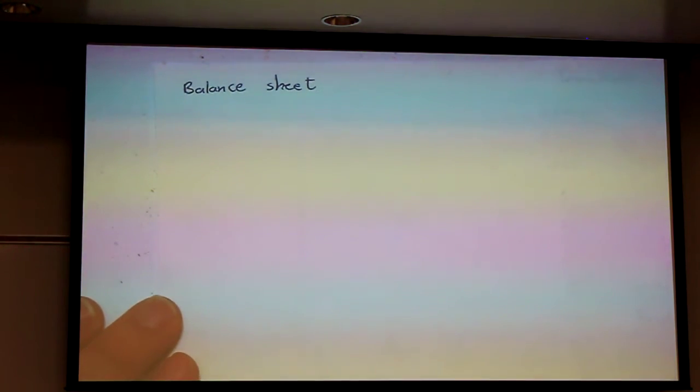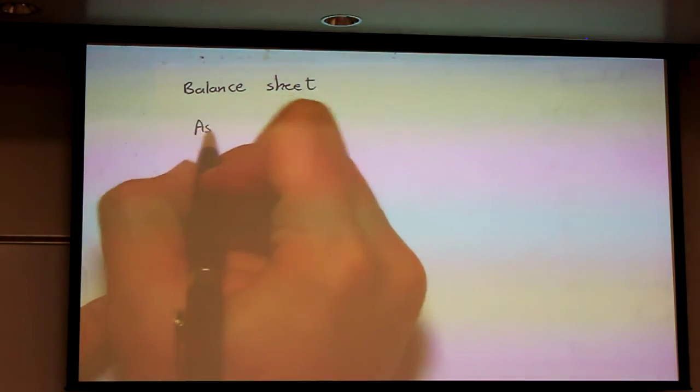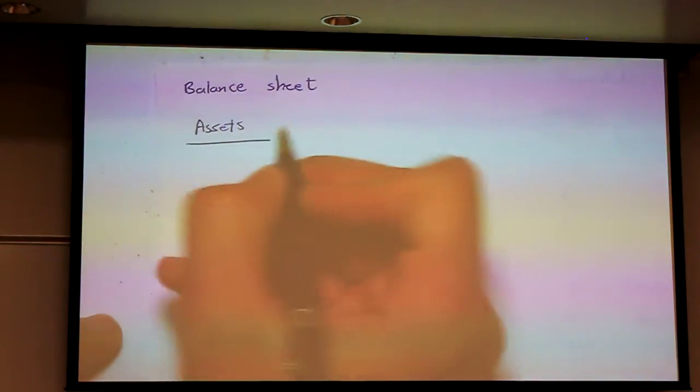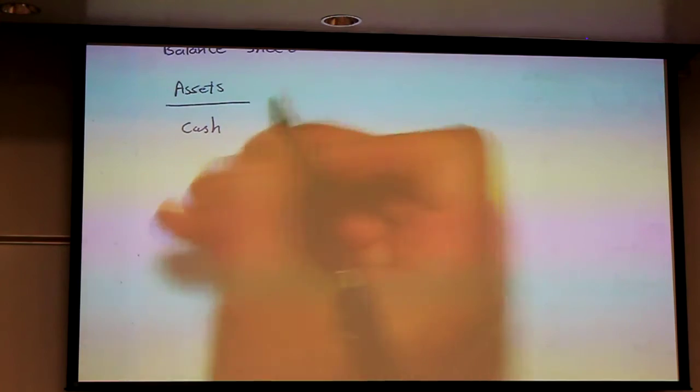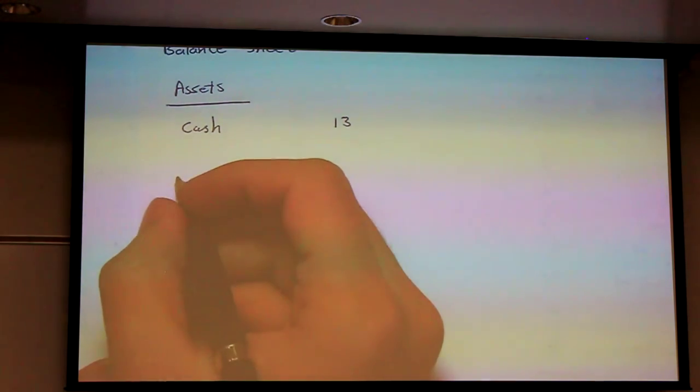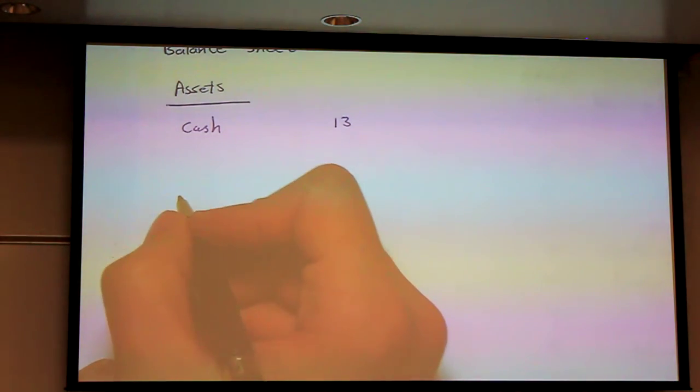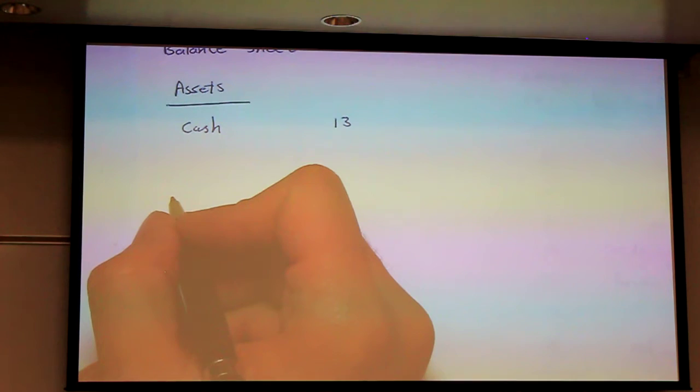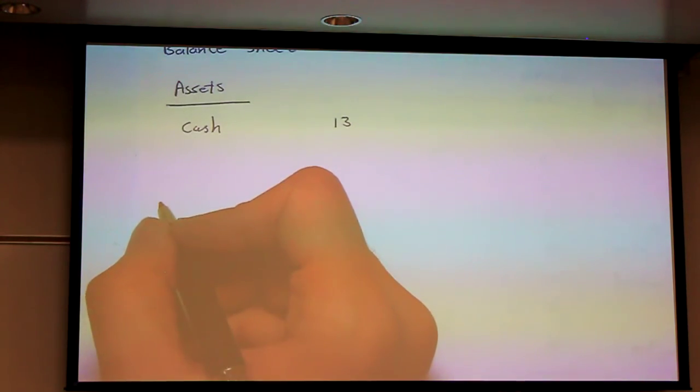Okay, I start with assets. Very quickly, assets, short term to long term, most liquid to least liquid. The most liquid is cash. Okay, check my numbers. I have 13 here, 13,000. Next, you should look for A's in your table.